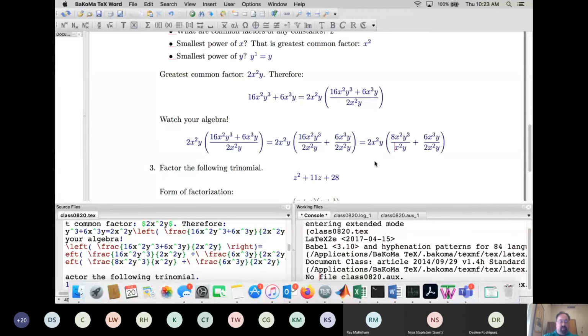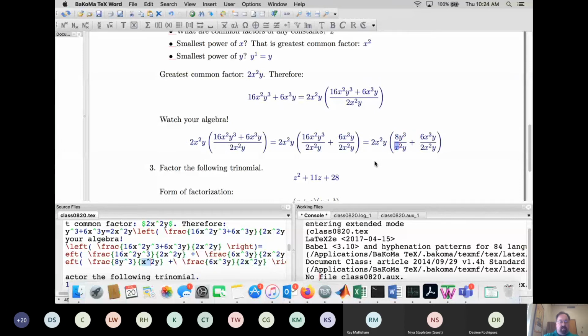The x squareds cancel. And then y cubed over y simplifies to y squared. So in the end, you actually don't have a fraction at all anymore.